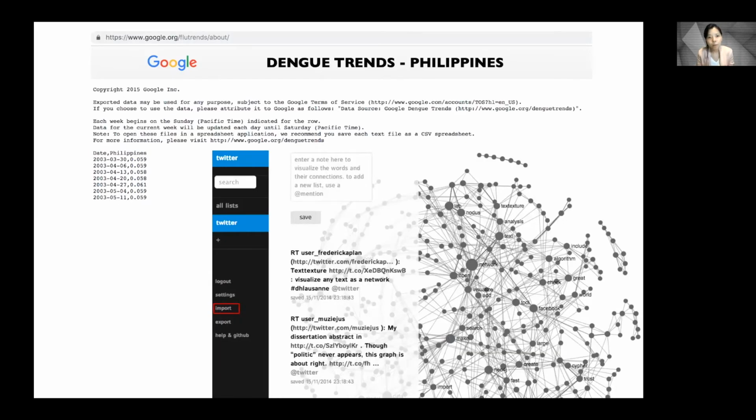This is an example from a study by Ginsberg that exploited search queries on the Google platform for early detection of influenza epidemics in the US.